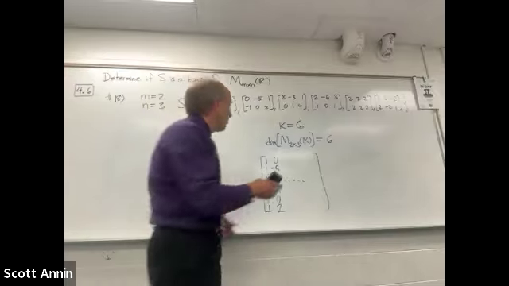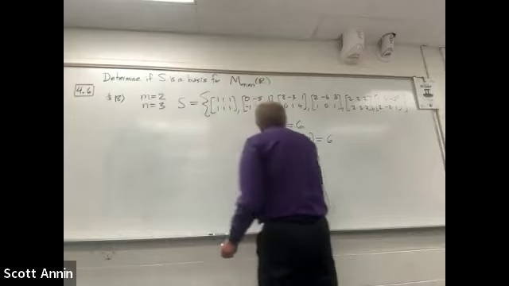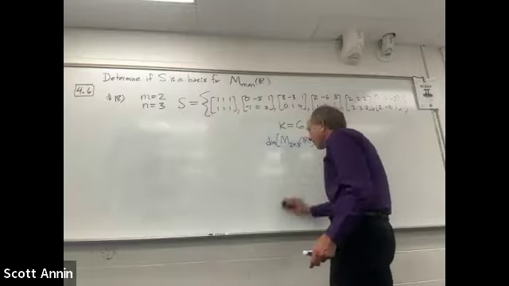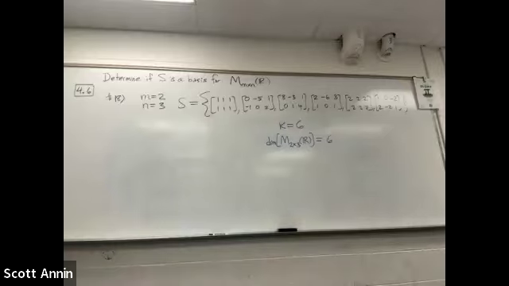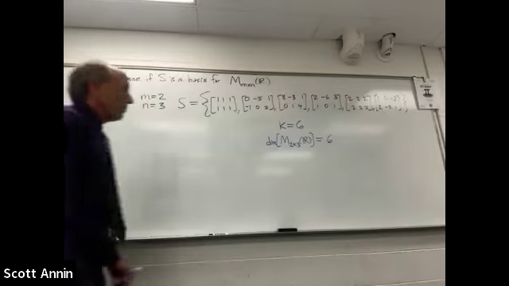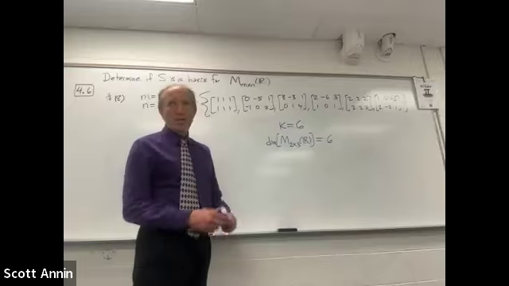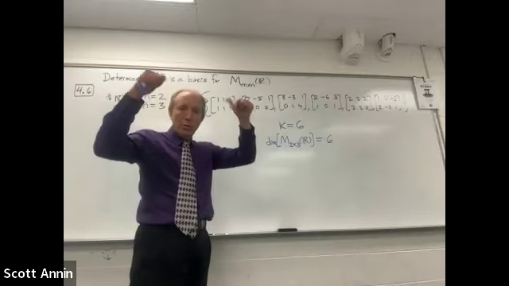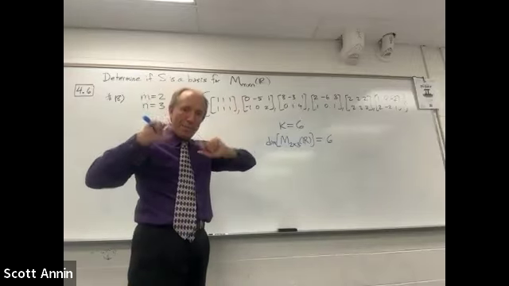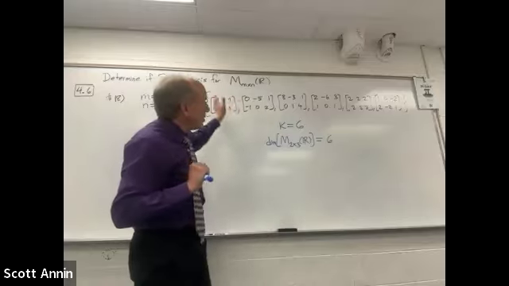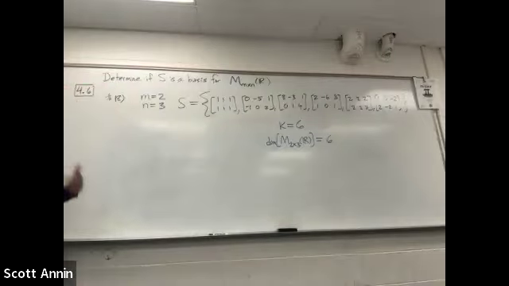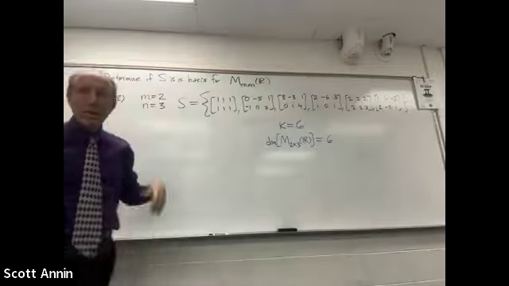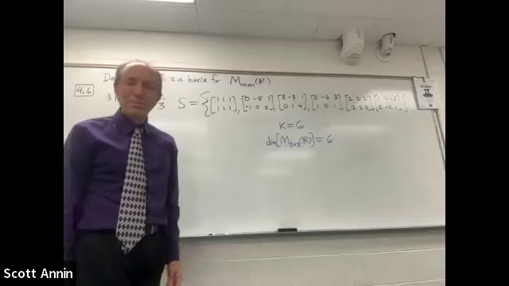You might have to live with this setup for a minute and stare at the vectors. But I promise you that once you see the relationship that I'm thinking of, you're going to totally know the answer to this question. Again, is it a basis or is it not a basis? So hit that pause button if you want. These 6 vectors, are they LI or LD, or do they span M2 by 3 of R or not? That's what we really have to figure out.